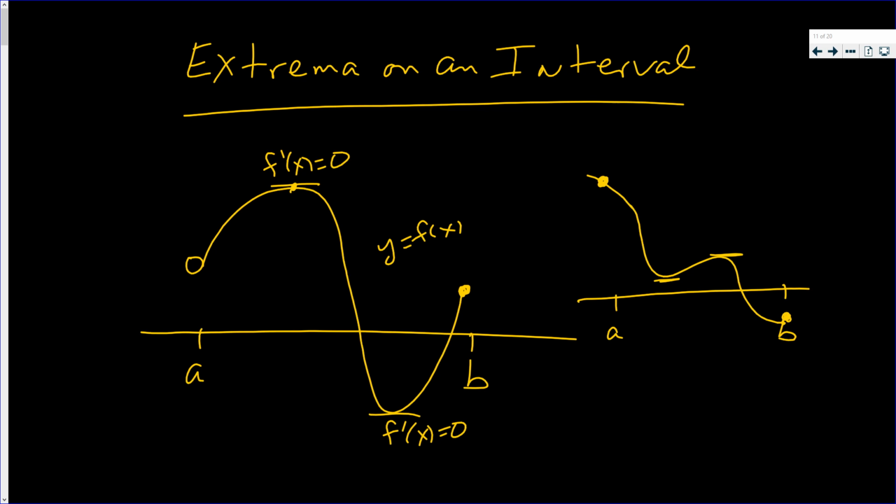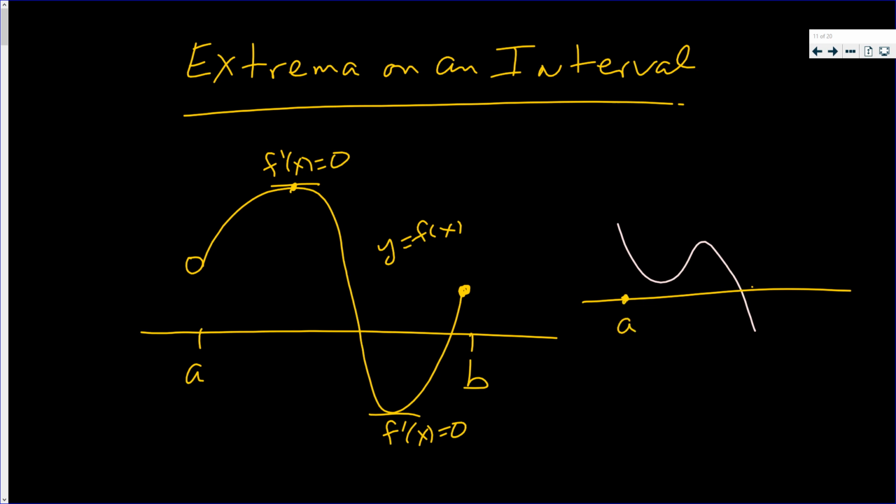In fact, let me draw the whole thing a little bit differently. Suppose the function goes like this. And here's A, and right there is B, and it's closed off. Well, right here the derivative is 0, and right here the derivative is 0.